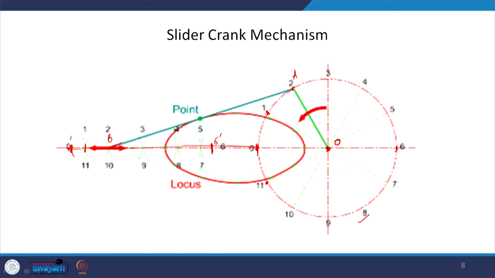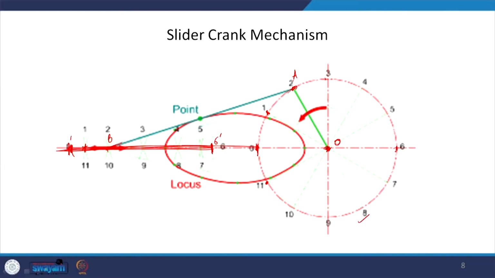So, we will have 1 dash equal to AB, 2 dash equal to AB, 3 dash equal to AB. The only thing is that this B moves in a straight line, it just slides. So, it is moving in a linear line while we are moving this crank in a circular manner.